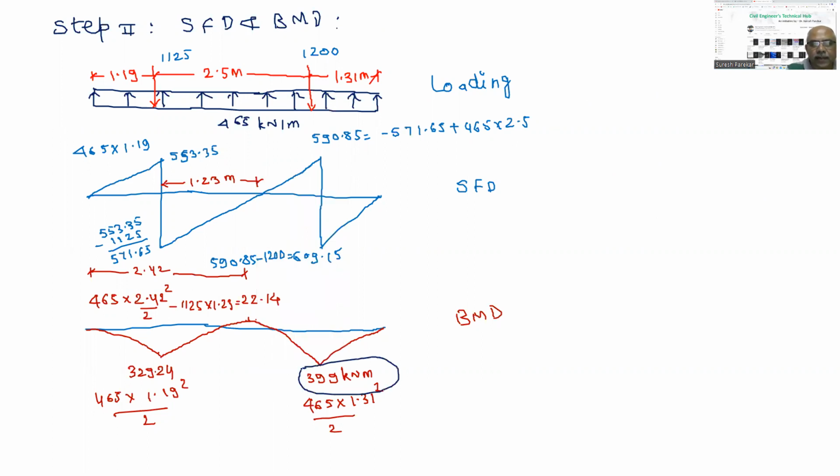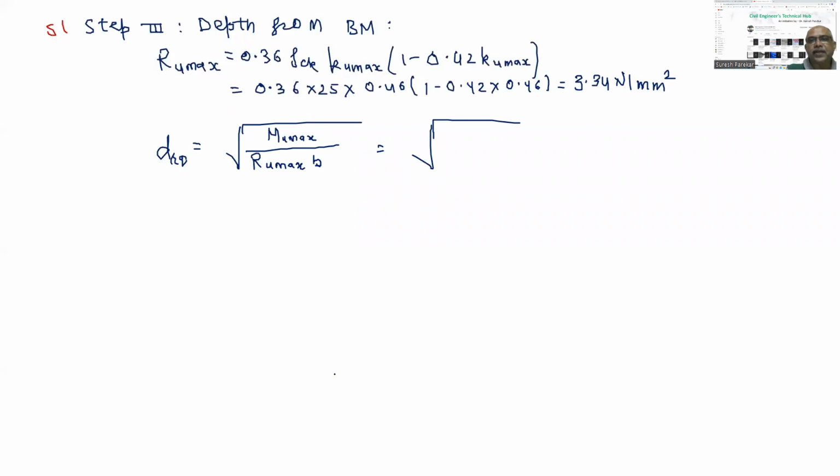We have to consider maximum 399. So we have 399 into 10 raised to 6 divided by RU max is 3.34 and B we have 2300. And we will get this value that is equal to 227.19 millimeters.